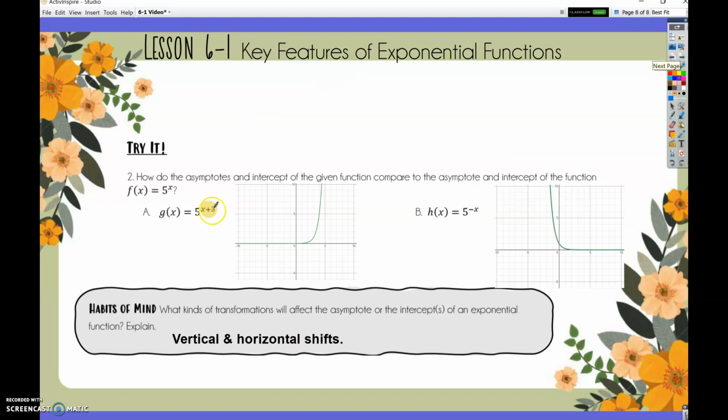The try-its give you a couple extra. Here you had an x plus 3. This one's kind of interesting if you look at the graph. The original parent graph would have gone through, 5 to the 0 would have been 1. So the parent graph would have looked like this, generally.